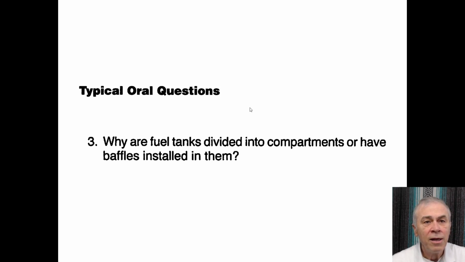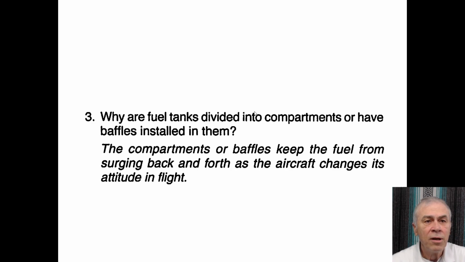Sorry, I'm not sure if that's required, but let's look at the answer. No, it wasn't, so don't worry about the boost pumps. The compartments or baffles keep the fuel from surging back and forth as the aircraft changes its attitude in flight. So those are a couple good words to use: surging and attitude.